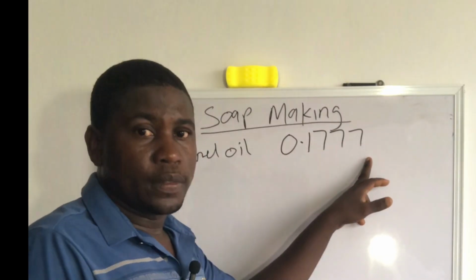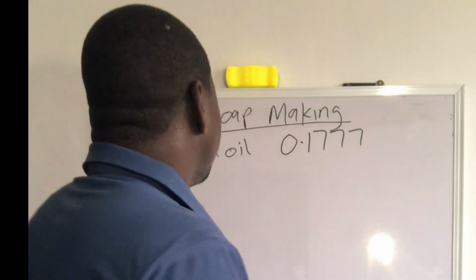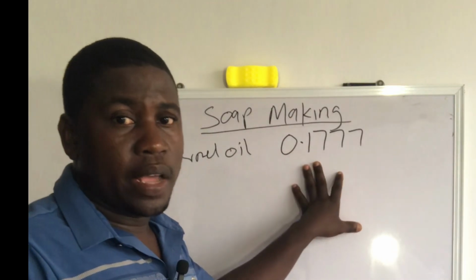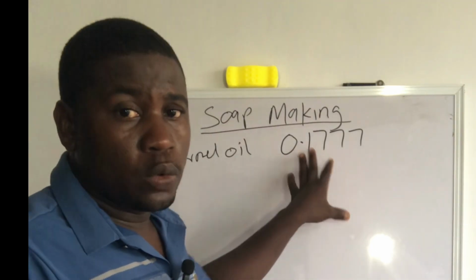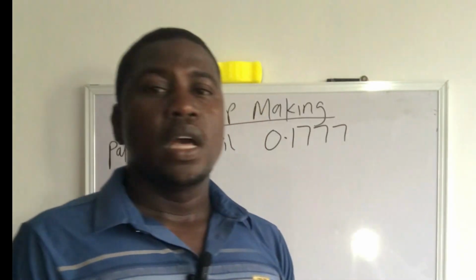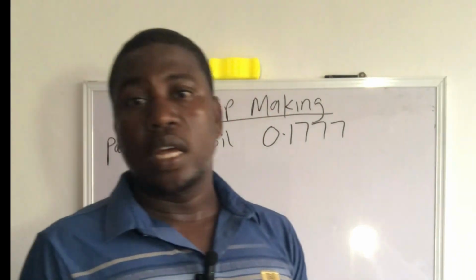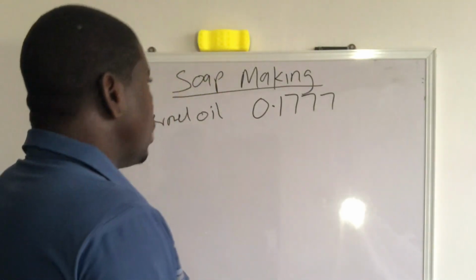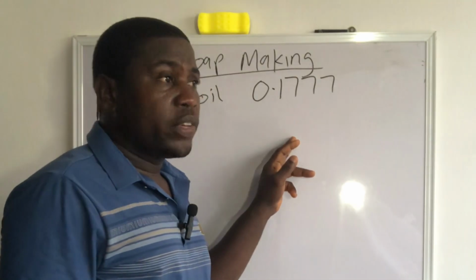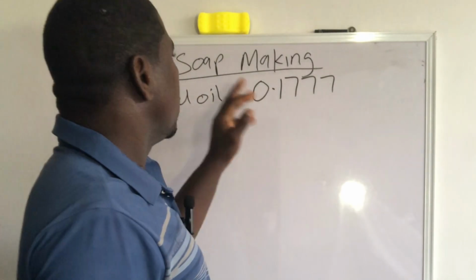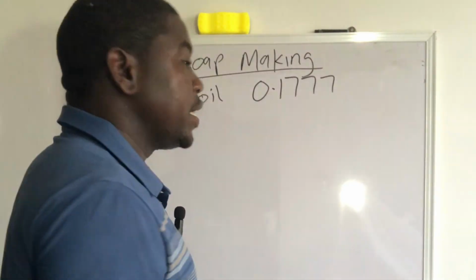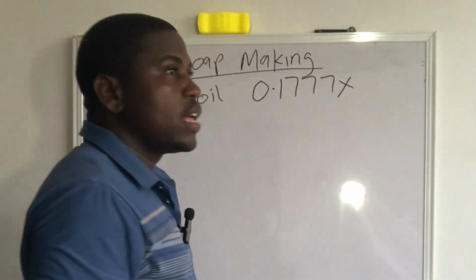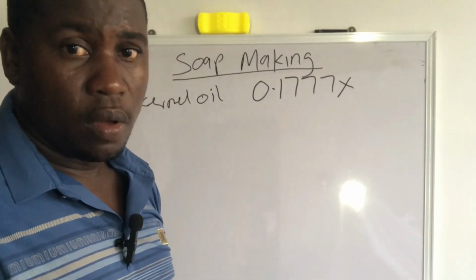So let's assume we have 20 liters of palm kernel oil that we want to use in our soap making, and we want to know the amount of caustic soda we'll be needing for this production. So we say the saponification value of palm kernel oil times how many grams of oil.